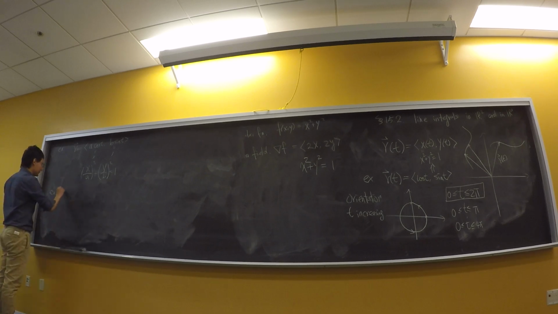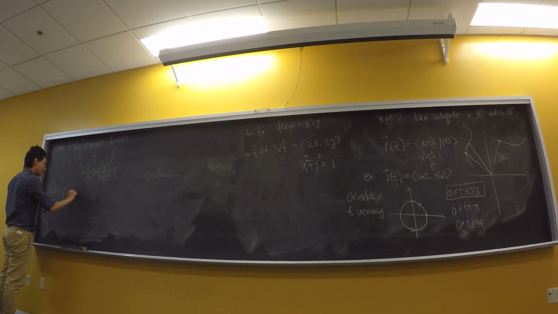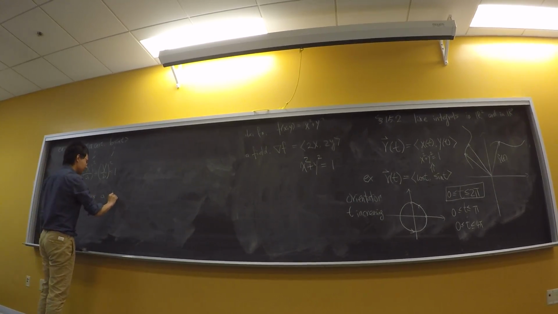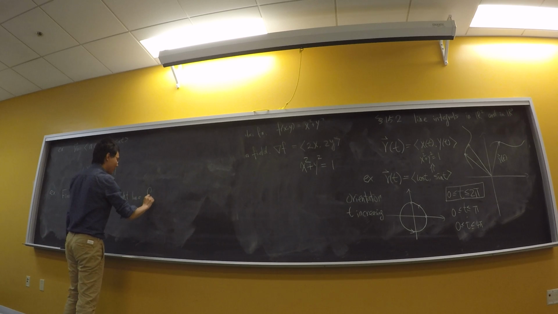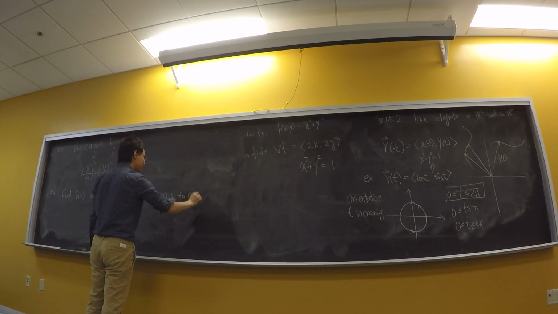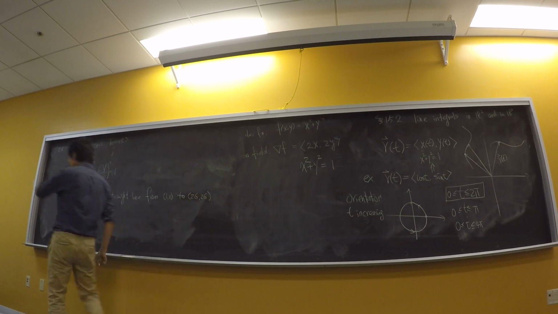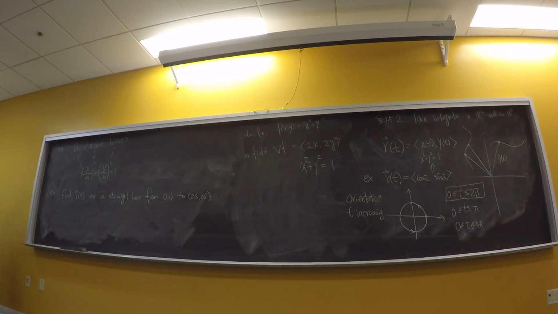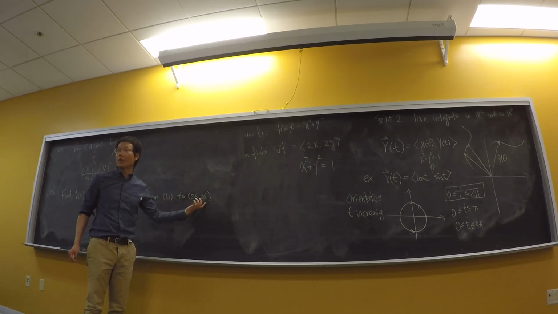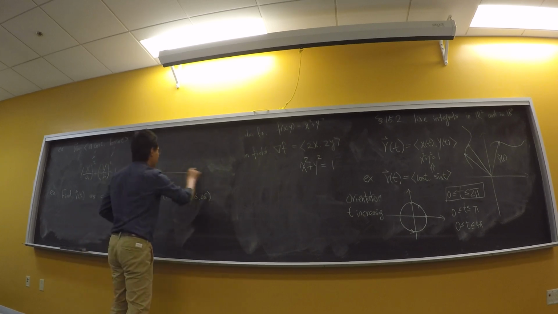So I'll ask you the following question. I want to find r(t) as a straight line from (1, 1) to (26, 26). If I have two points in R2, naturally I know there's a straight line linking them together.